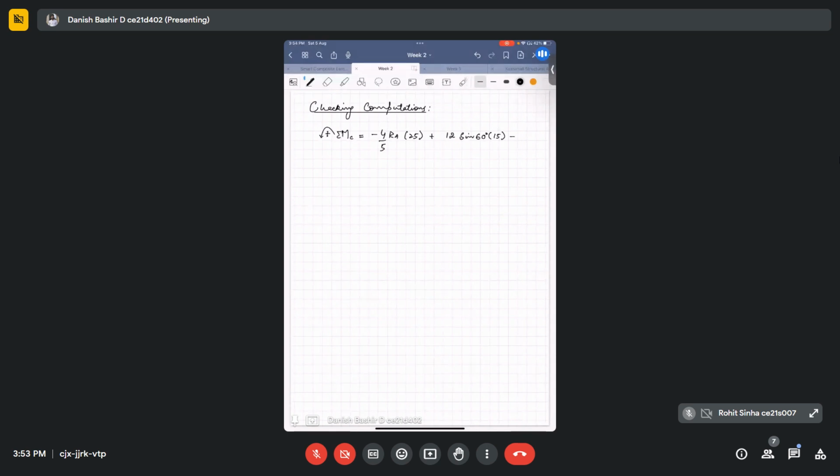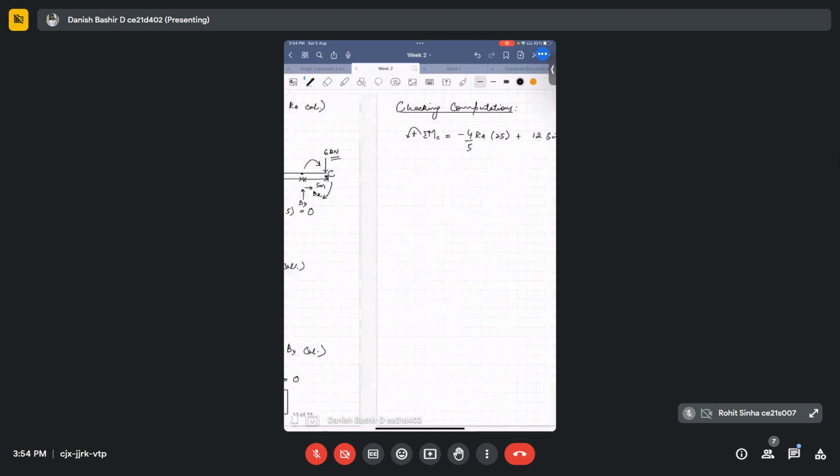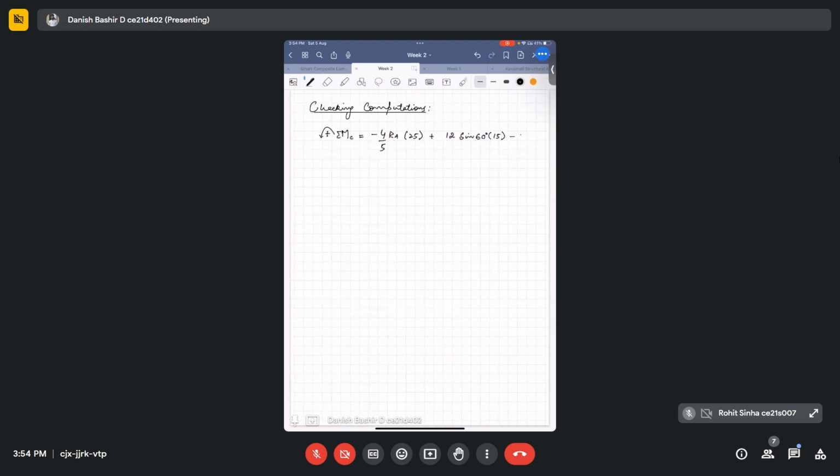And then we have this BY, which is creating a clockwise moment at point C. BY times a distance of 5. Substituting all the values, 4 by 5 RA comes out to be 4.62 multiplied by 25, plus 12 sine 60 degree times 15, minus BY, which came out earlier as 12.7, multiplied by 5.